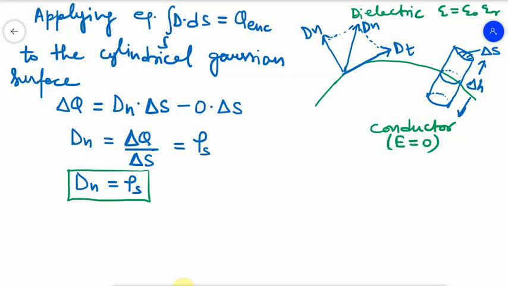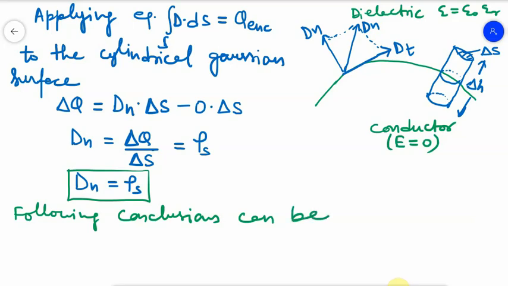What conclusions can be made about a perfect conductor?